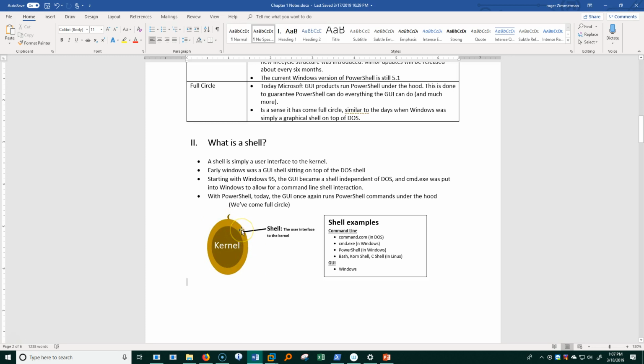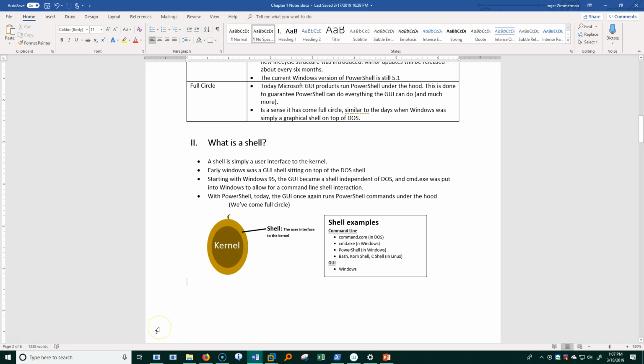But in some people's writings, or in the way that some people speak, when they speak of the word shell, they usually mean a command line interface. So just keep that in mind, that there are differences in the way that it's used. And some people may even argue that a shell is only a command line interface, although that's really strictly not true.